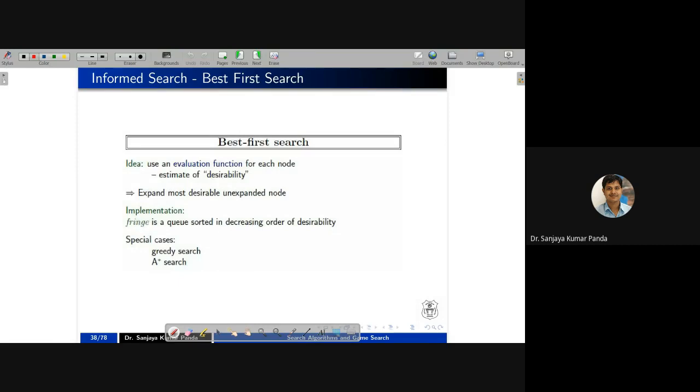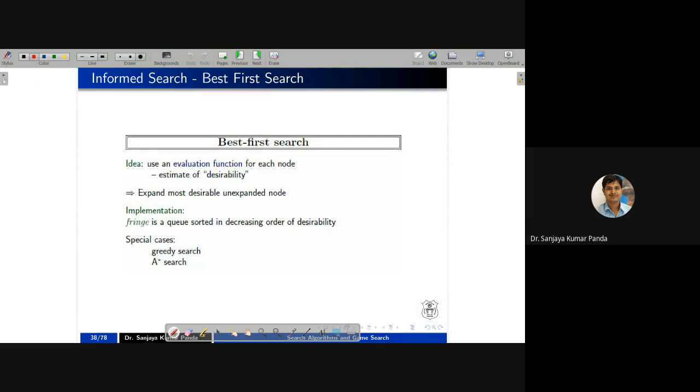That's why I told you there is no preference given to the successor nodes. Okay. And if you evaluate each and every node, then obviously you will expand the most desirable node, right? Out of the nodes which are not expanded, you have to choose the node which is most desirable, right? In some cases, you can see this is called a greedy search.